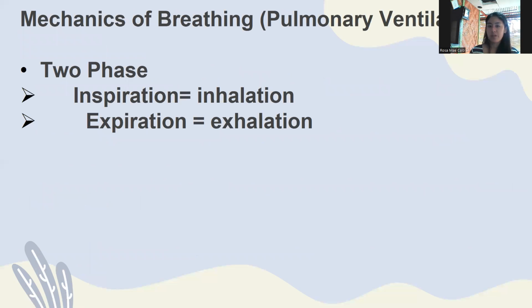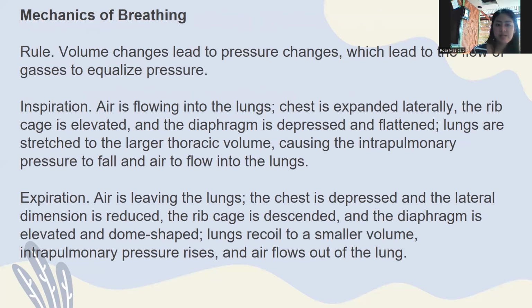The mechanics of breathing. In pulmonary ventilation, we have two phases: inspiration or inhalation, and expiration or exhalation. The mechanics of breathing follows a rule: volume changes lead to pressure changes, which lead to the flow of gases to equalize the pressure.